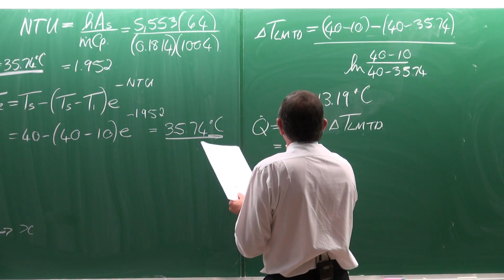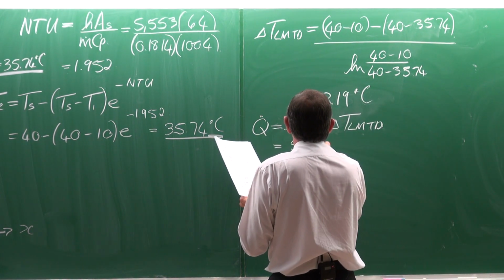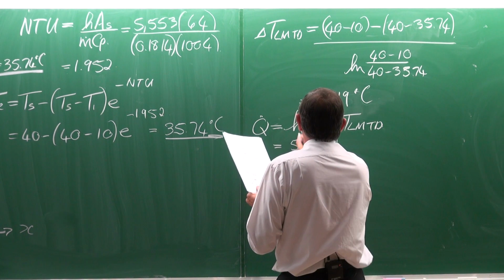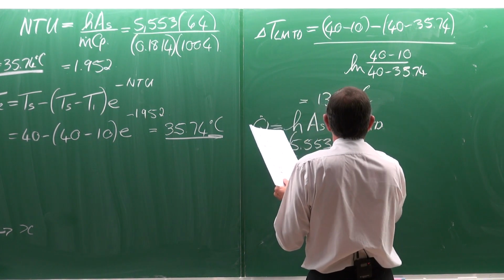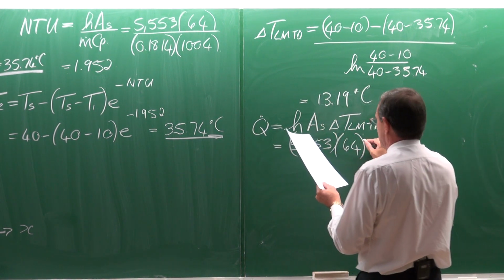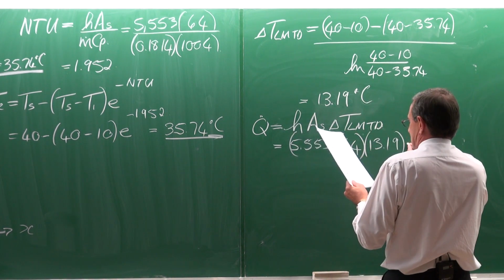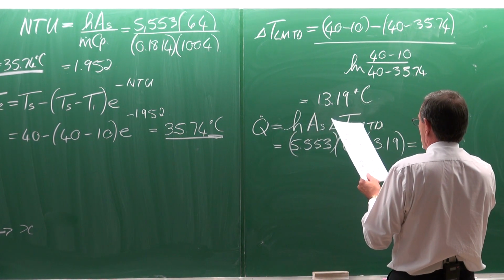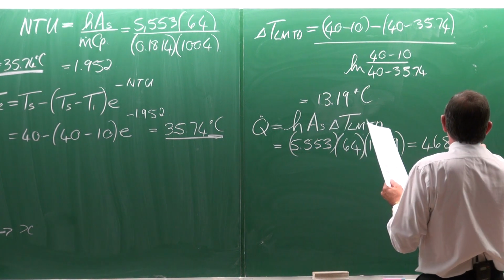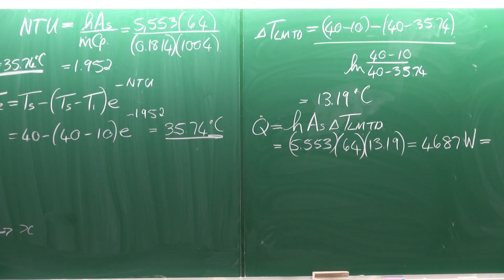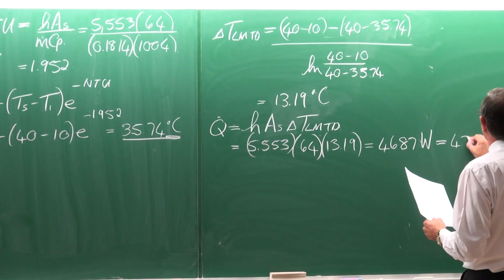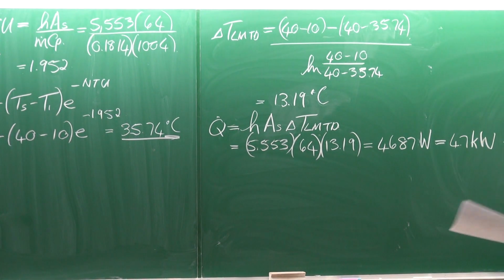It is equal to 5.553 multiplied by the surface area of 64, multiplied by the LMTD of 13.19, and that gives us a heat transfer rate of 4687 watts. That is 4.7 kilowatts of heat.